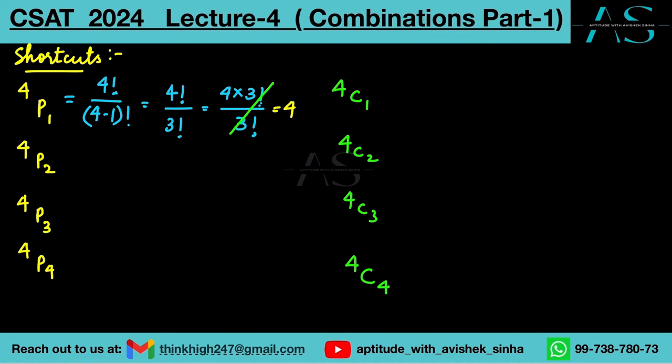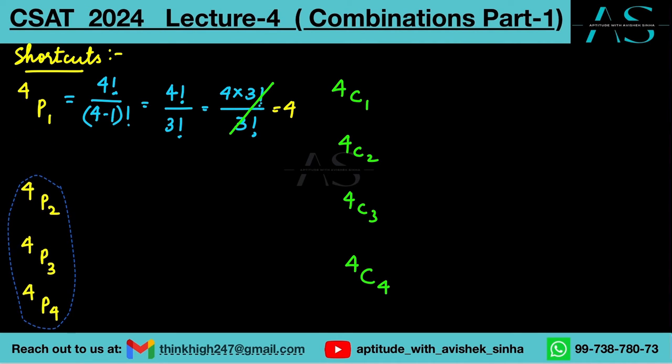And when we talk about 4P1, we also have a shortcut of looking at it: you go back one place. One place means we go back only one time. That is 4. 4P2 means go back 2 places. So 4 into 3.